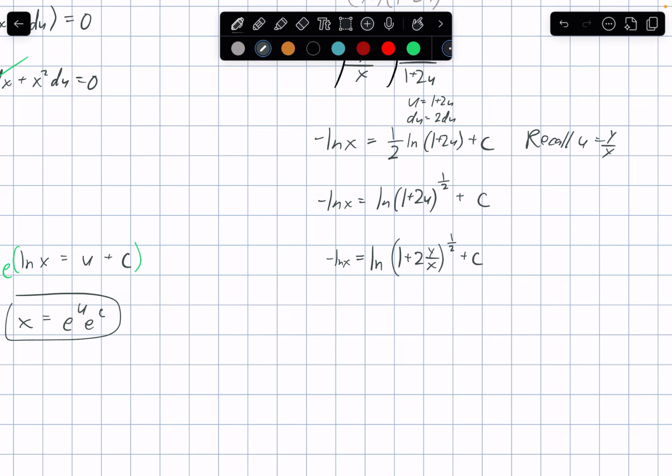Only that it's articulated in such a way that, okay, so let's eliminate the natural log. Actually, before that, negative ln x could be rewritten as ln x raised to negative 1. Okay, let's be clear on that. So x raised to negative 1 equal to 1 plus 2y over x raised to 1 half, and then plus e raised to c.